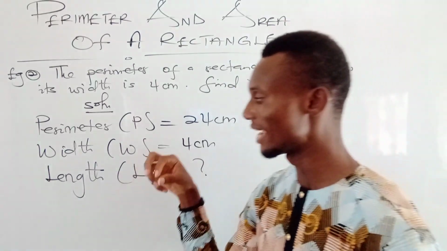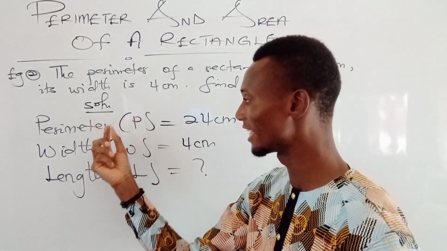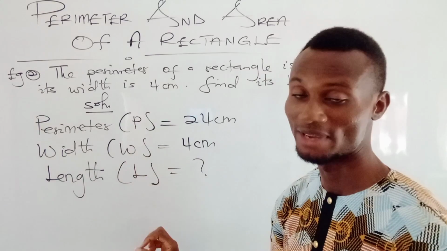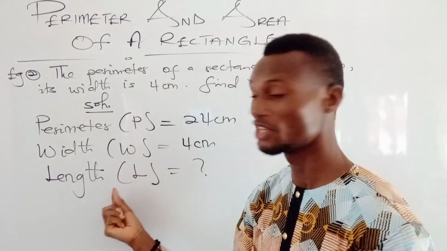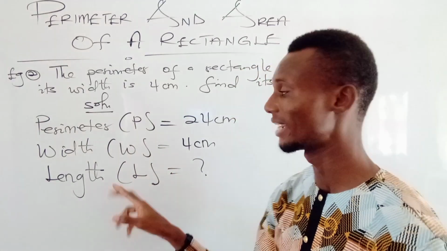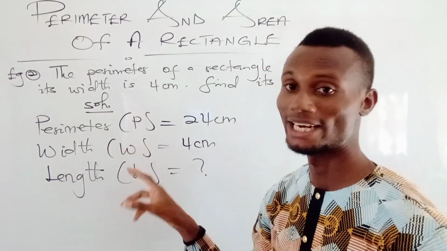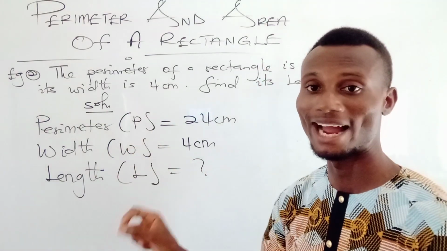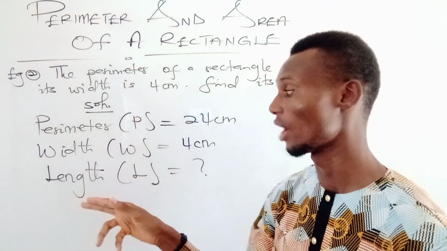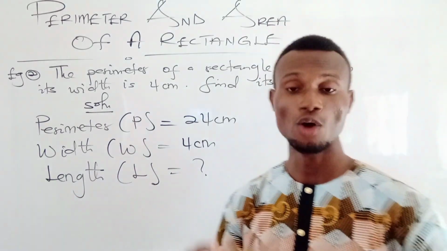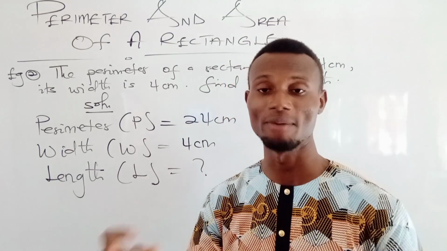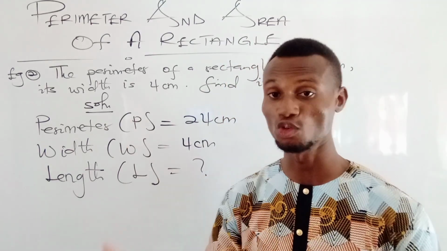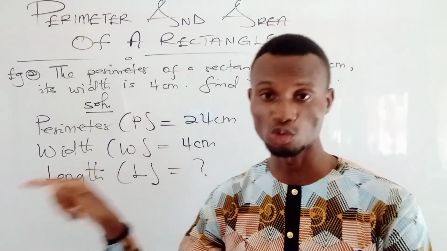Now the next step is that if you check the information that you have been given, the only place you can get the length from is the perimeter, because it's within the perimeter that we can get the length and also the width. We know the formula for finding the perimeter of a rectangle to be 2L plus 2W.